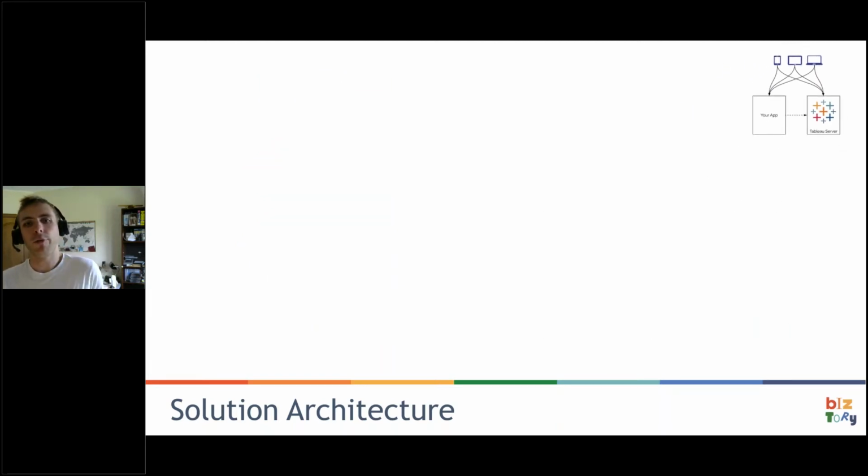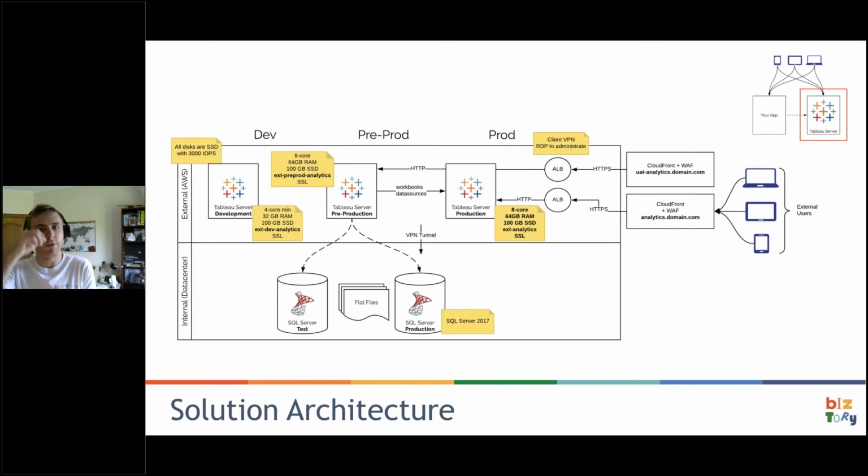In fact, we're going to focus on Tableau Server here. This is now indicated in the top right corner as the solution itself, because this is just a box we've used to represent it in the past few slides, but there is more to this. So how do you architect this kind of solution? For those of you who have done some application architecture, this is not going to be very different.